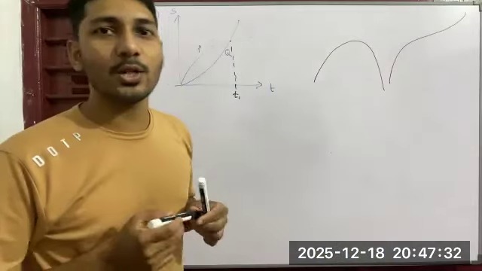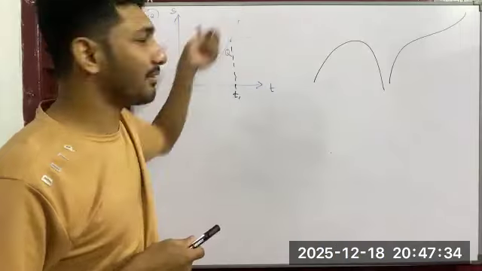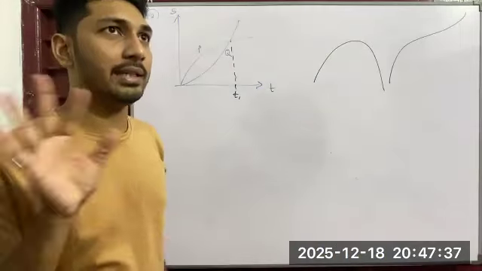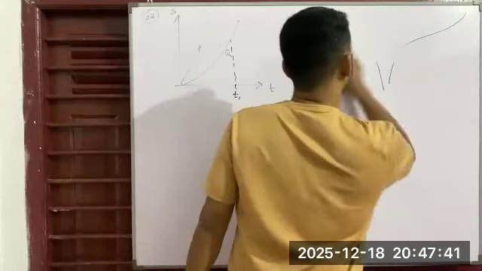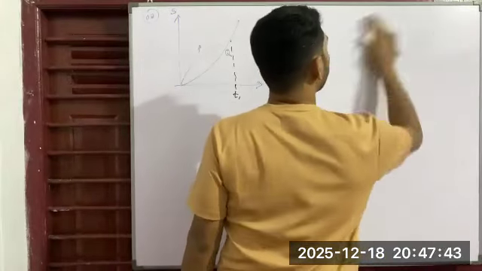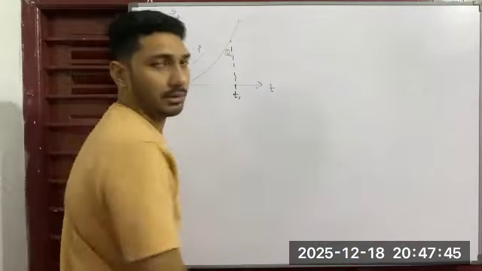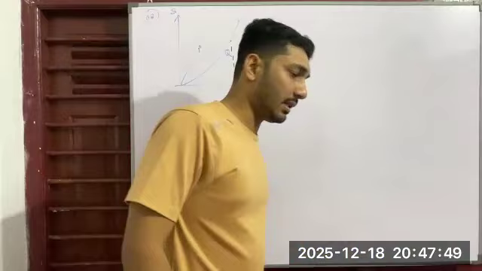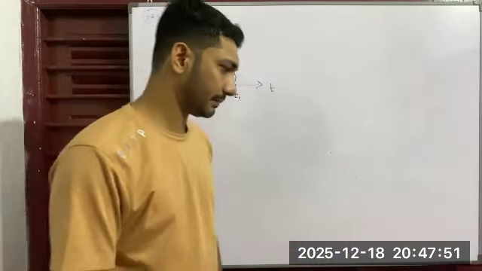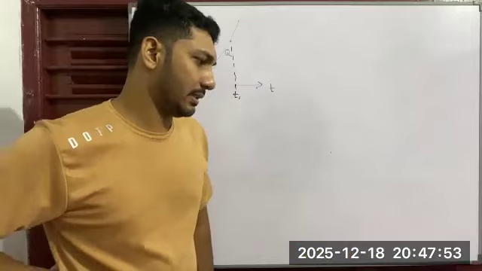Distance never decreases, no? But in one-way graphs, increasing or decreasing trend, distance and displacement will be the same, because displacement is a vector and distance is a scalar. That's why it only takes increase. So that is correct.